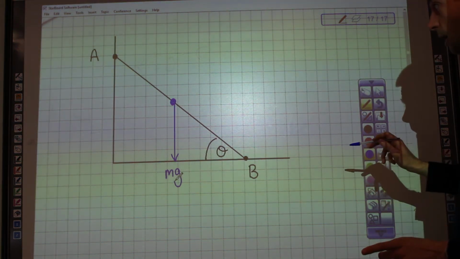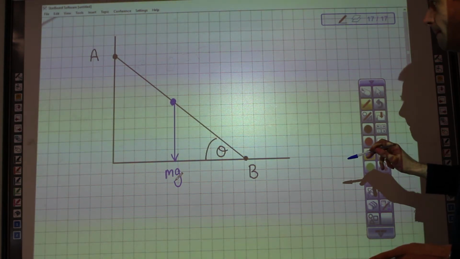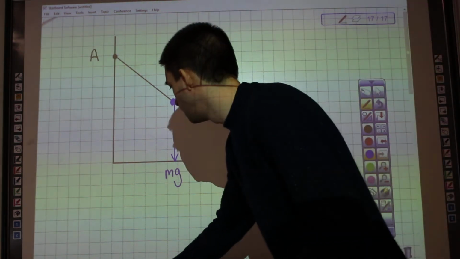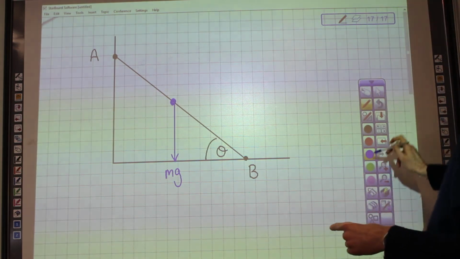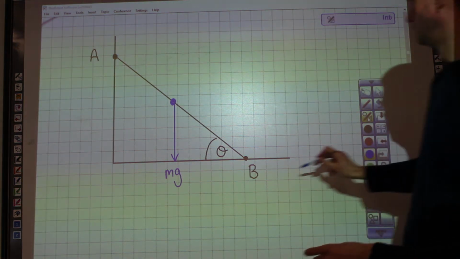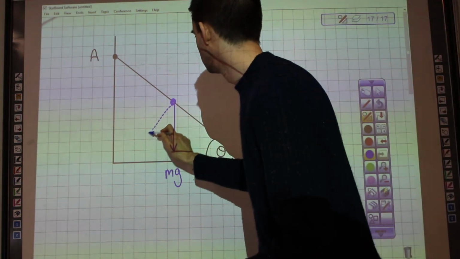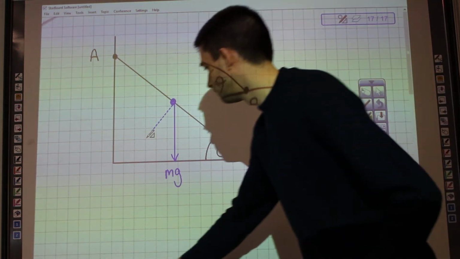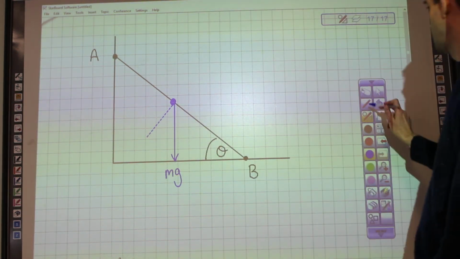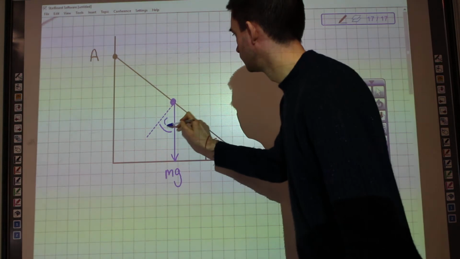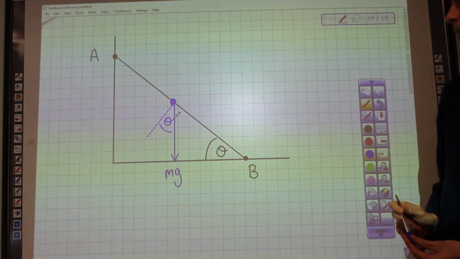And as I always do, line in like that, because that angle there is going to be theta as well.